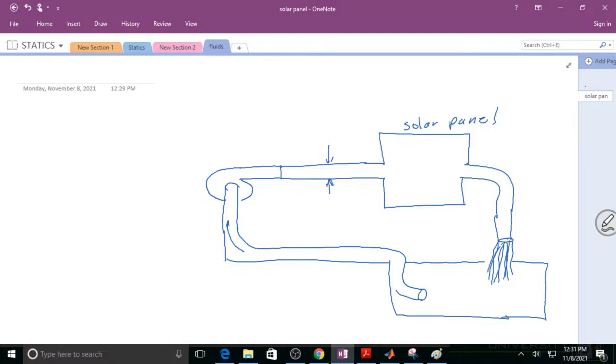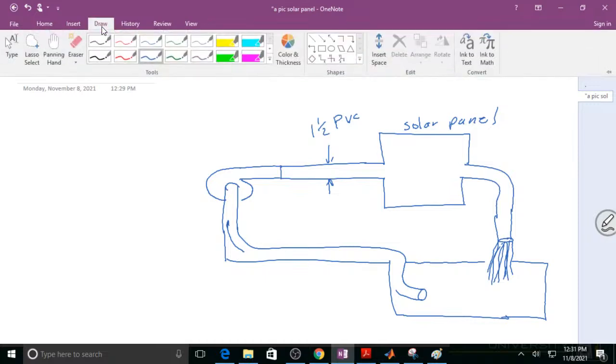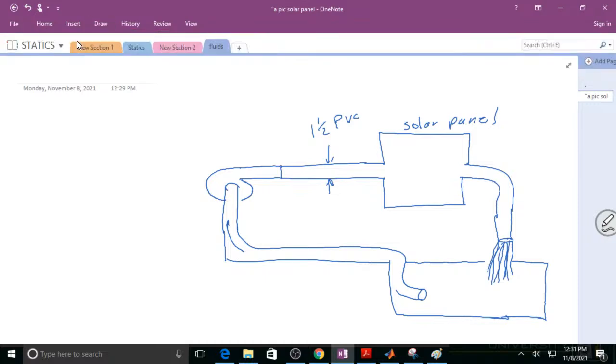Let's say you can go buy 1.5 inch PVC, or maybe let's say it's 1 inch PVC. The reason I'm stopping to think about this is, what do you do with a solar panel?